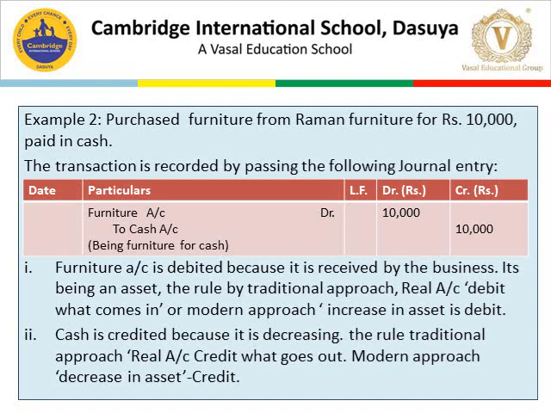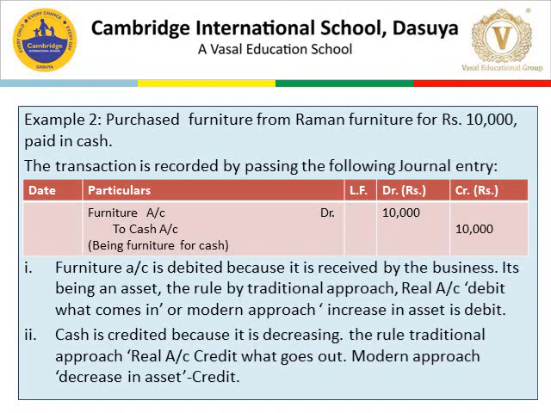Second example is purchased furniture from Raman Furniture for rupees 10,000 paid in cash. Here is the transaction recorded in journal. Furniture account debit to cash account. Your explanation is here. Number 1, furniture account is debited because it is received by the business. So what is coming in the business is debited.